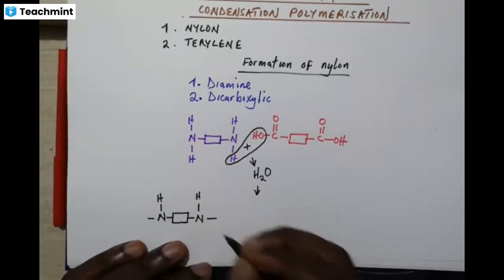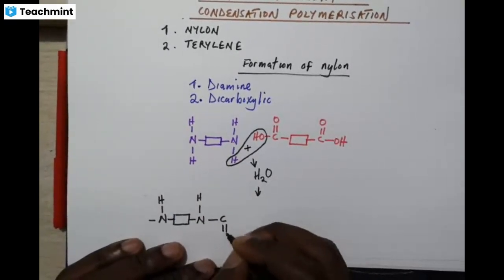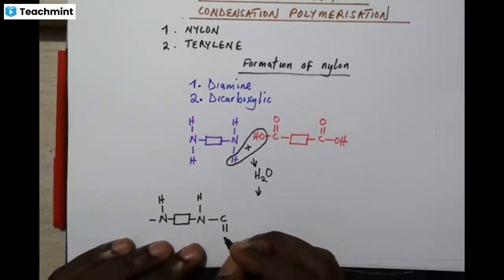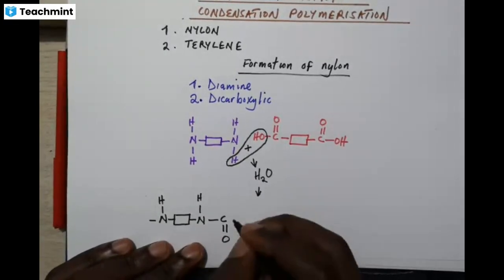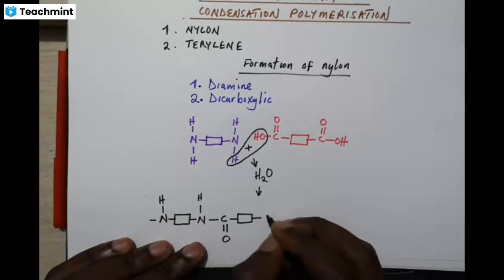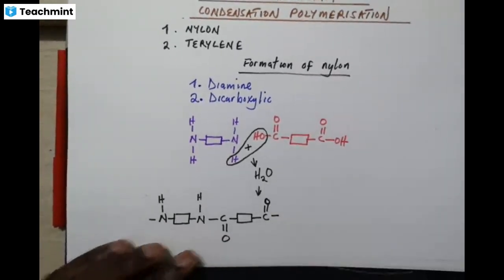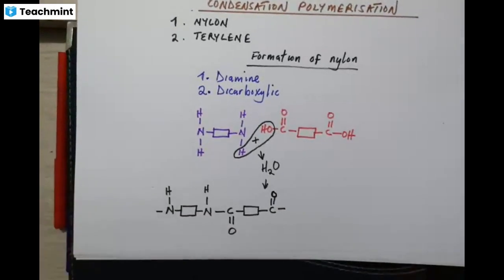So remember, there's a bond between dicarboxylic acid and the diamine. Now the bond is between nitrogen and carbon. So this is how it will look like. So that is what you are going to see.